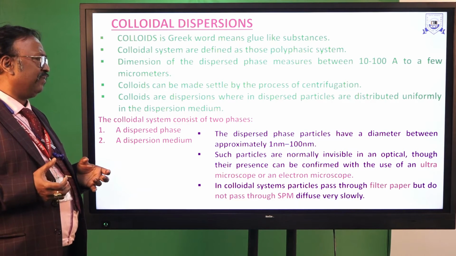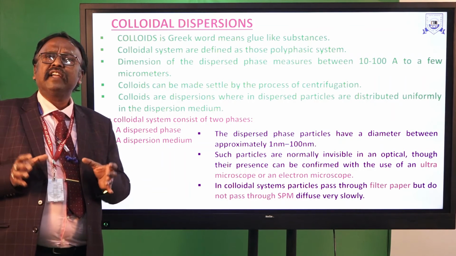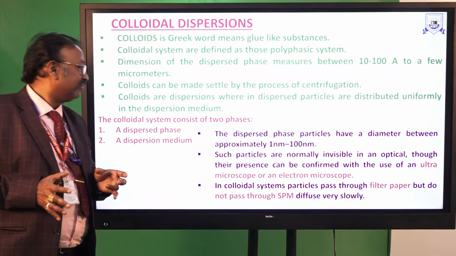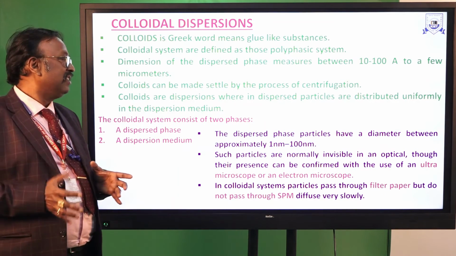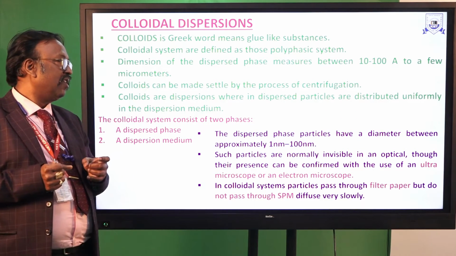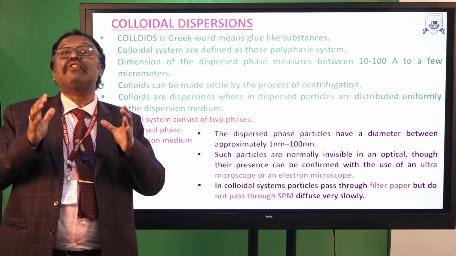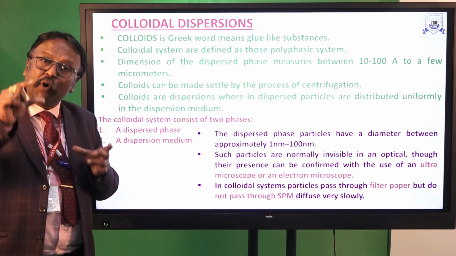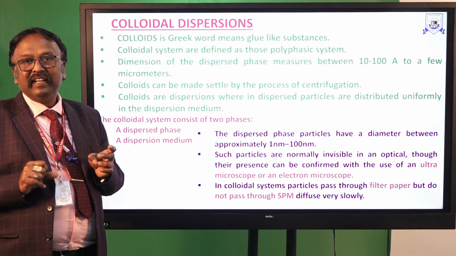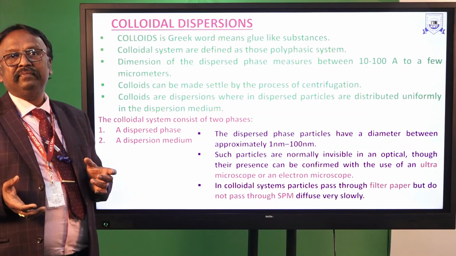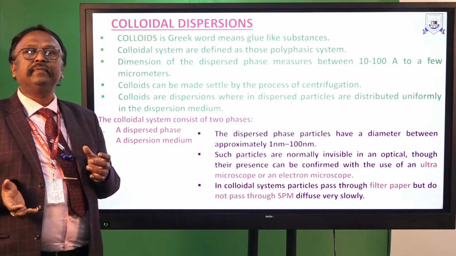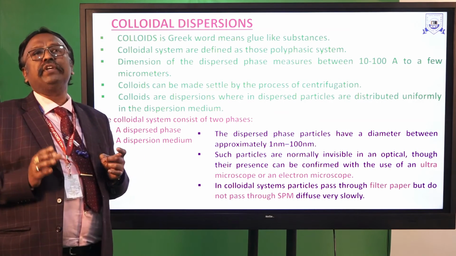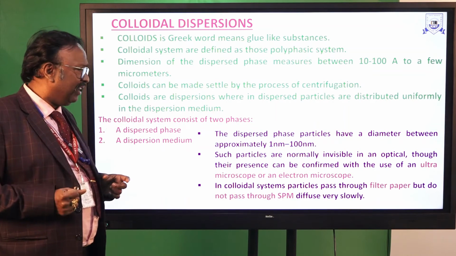These particles are normally invisible optically, but they can be observed under an ultra microscope or electron microscope. Because of the small size range, an ultra microscope or an electron microscope is used for observation of these colloidal particles.